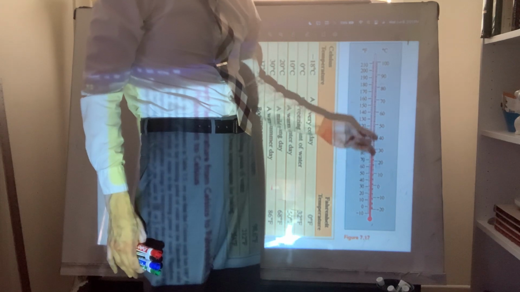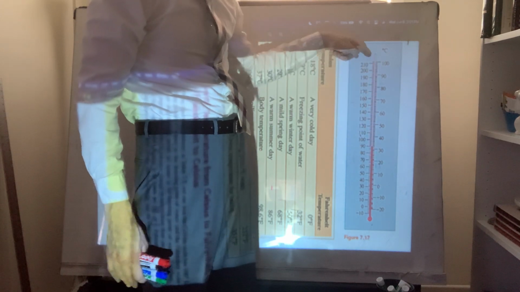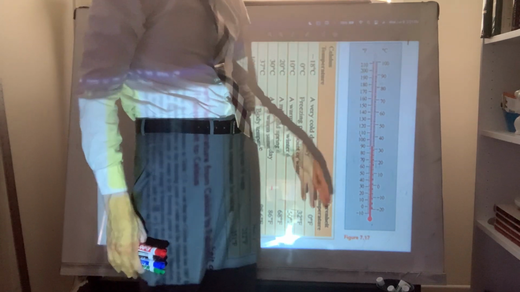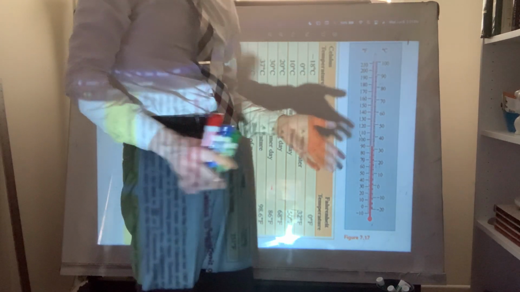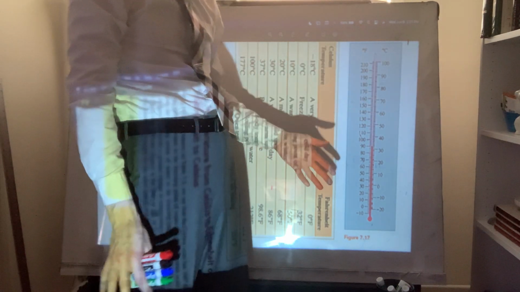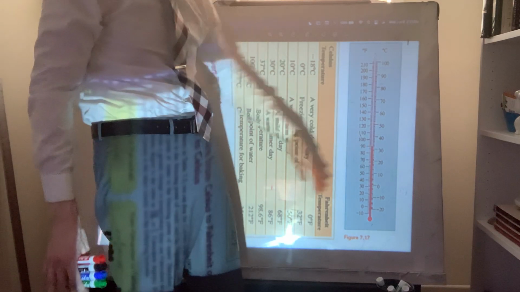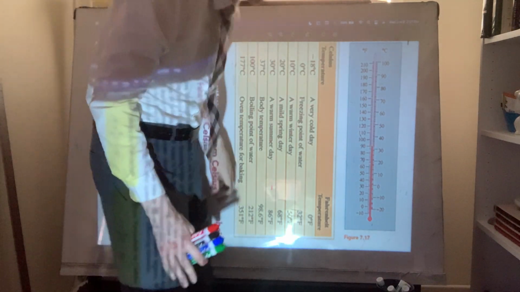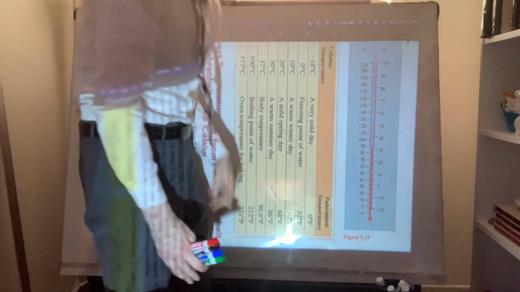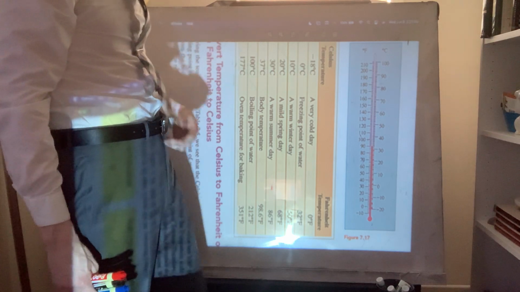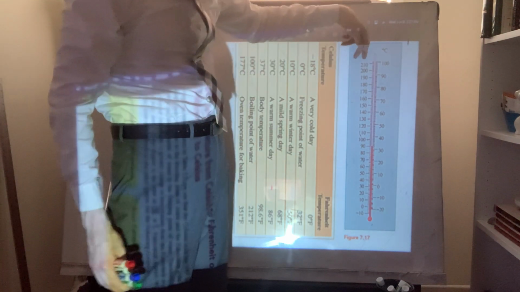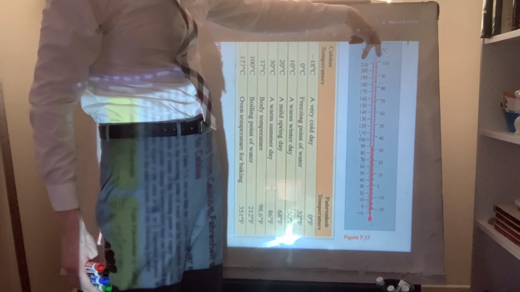But because of the way they're incremented, this goes up to 100 as the maximum here. Boiling water has thankfully never been boiling on the surface of the earth in my lifetime. I hope not anytime soon, though with the rate we're going, maybe. And up here you see 212 is the maximum.